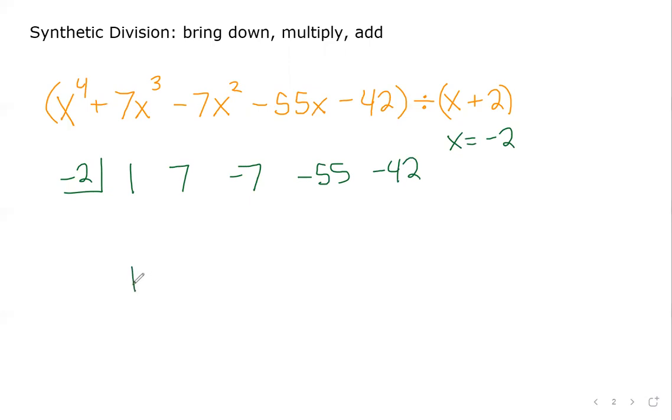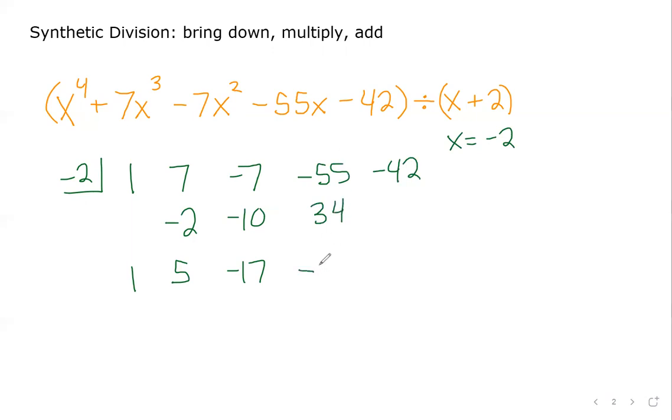And now we're just going to multiply, add until we're done. So multiply, add vertically, multiply, add vertically, multiply, add vertically. So I'll be careful with this one.